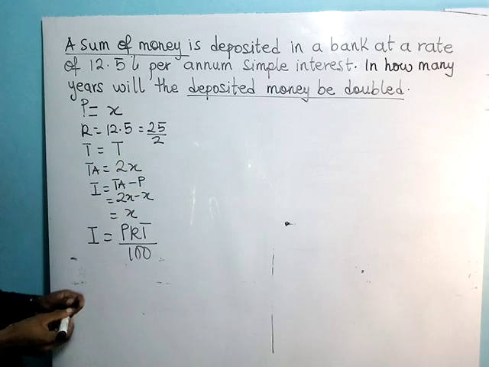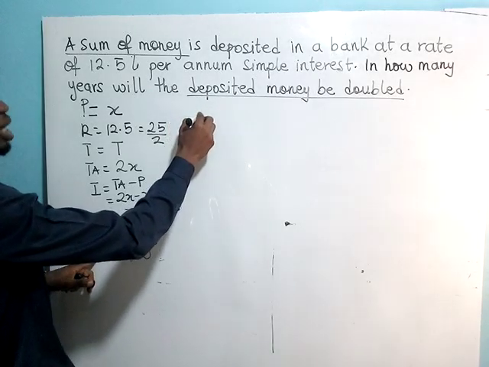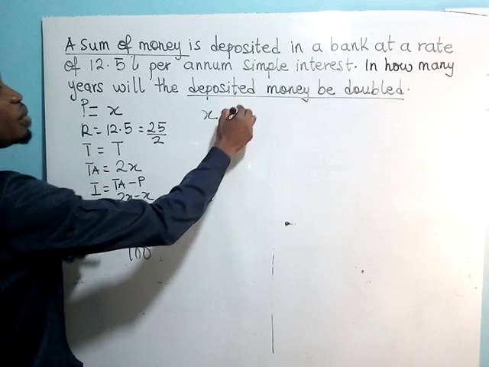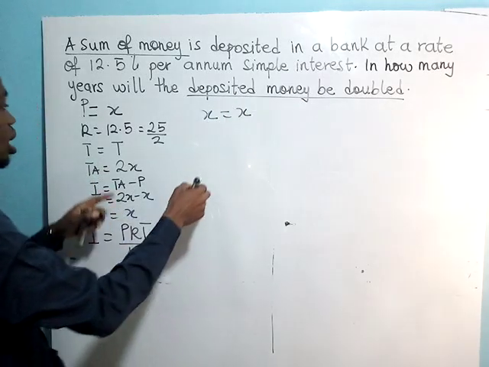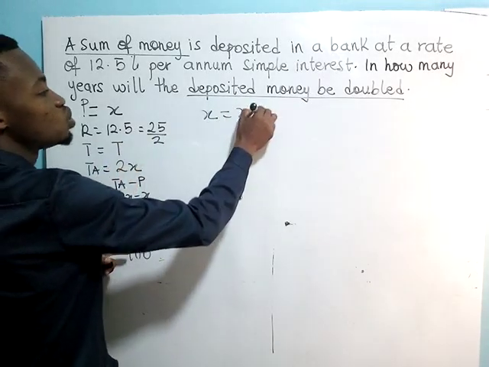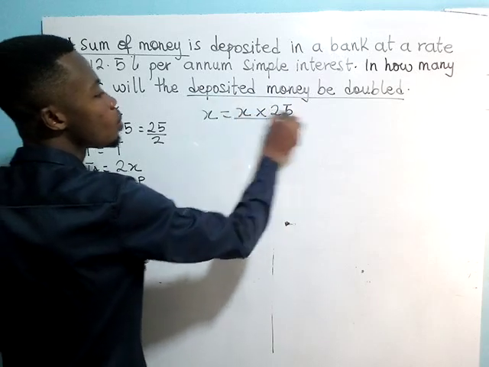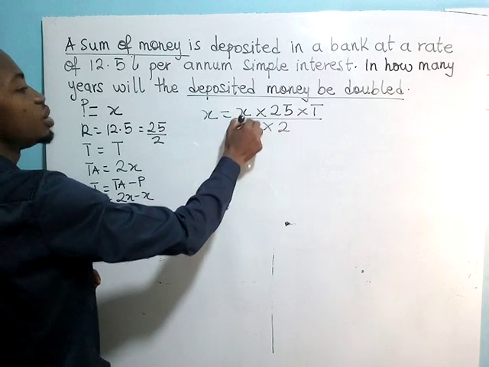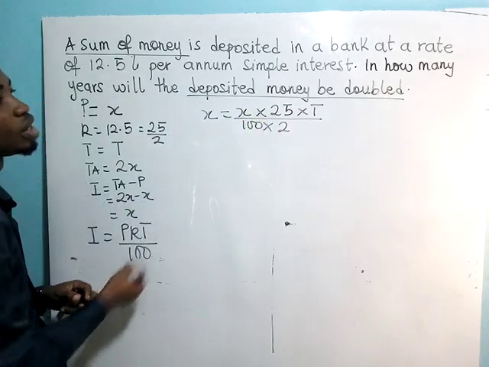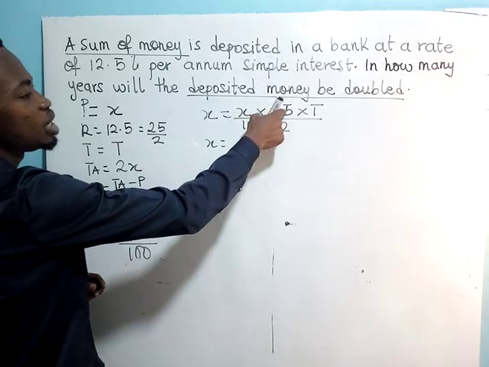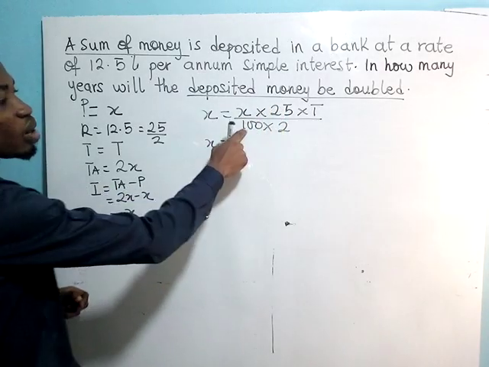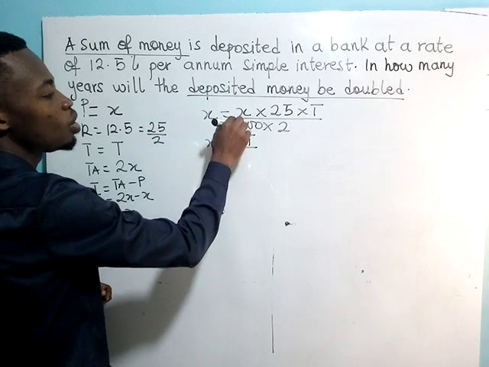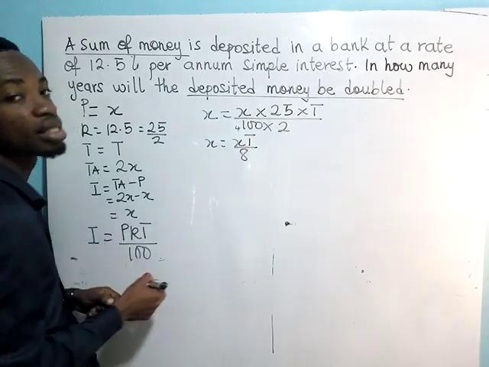Now by substitution, we have our interest as X, our principal as X, our rate as 25 over 2, then our time, which is T, over 100. Now our X is equal to, 25 goes into 100 four times. So we have XT here, 4 times 2 giving us 8.